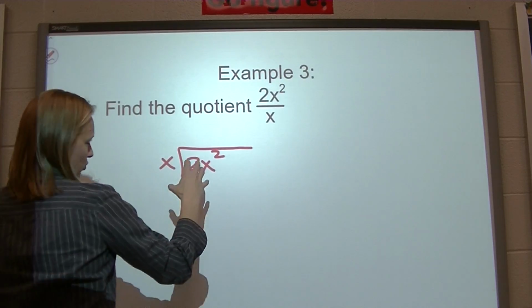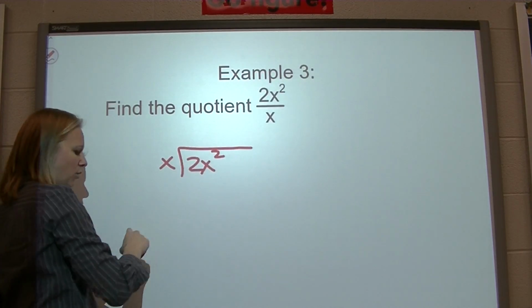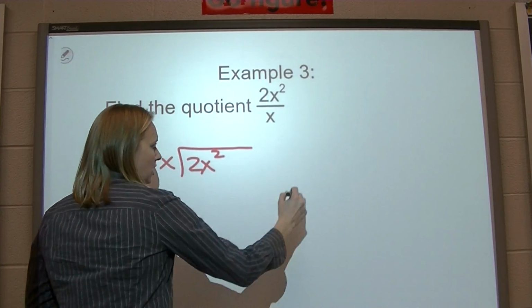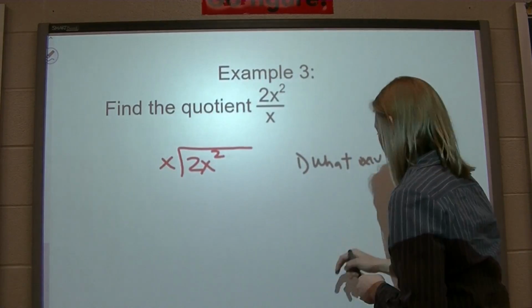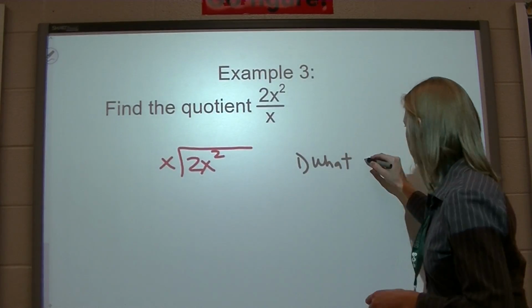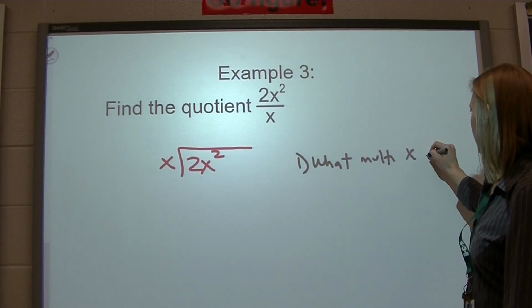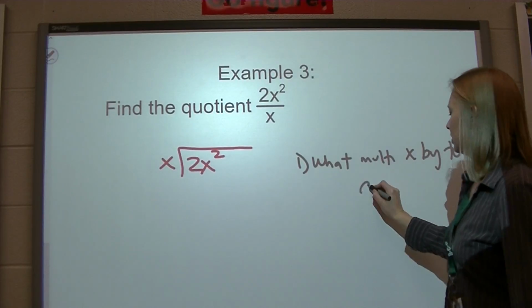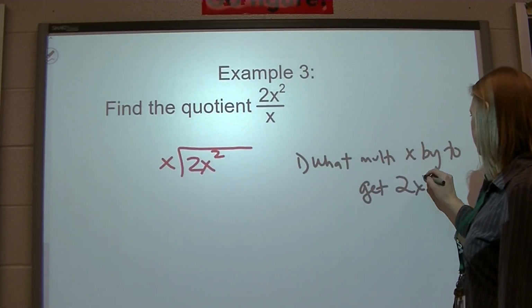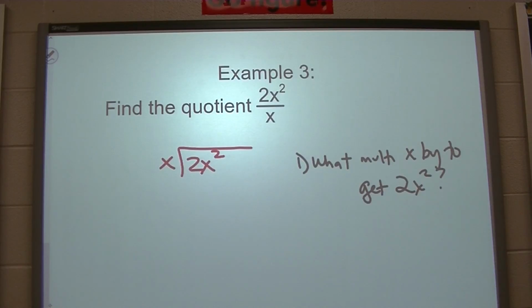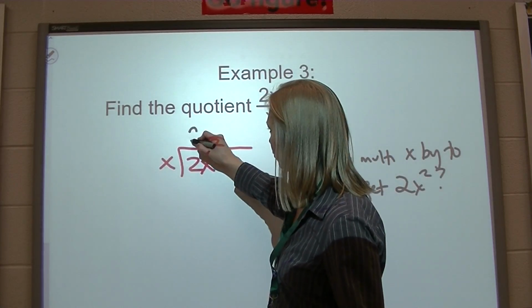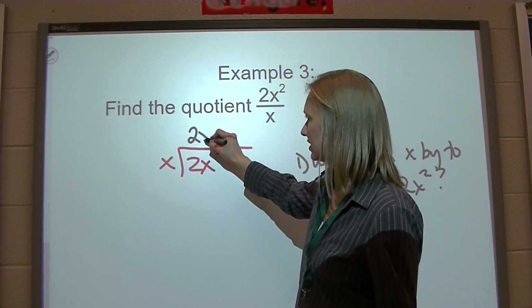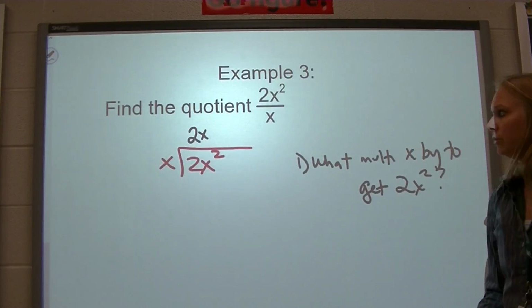We need to look at this as one whole term and say, what do I need to multiply x by to get 2x squared? Well, I know I have to do it by 2. So we'll have 2, and then the other part is x. 2x gives us 2x squared.